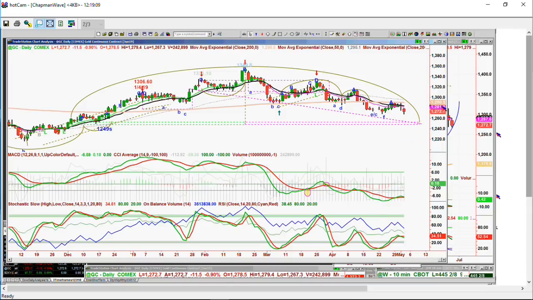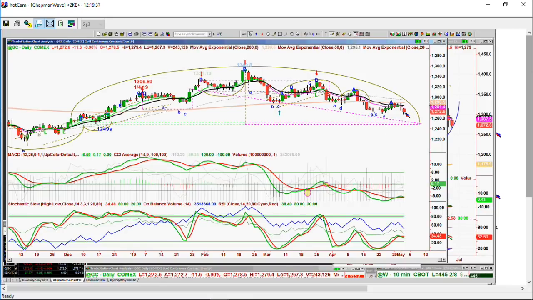By Friday's close, if gold is down under 1270, I would not be surprised if by the second week of May, going into next week, there's a test of the 1260 to 1247, to 1250 area. So that's really what I'm looking at.